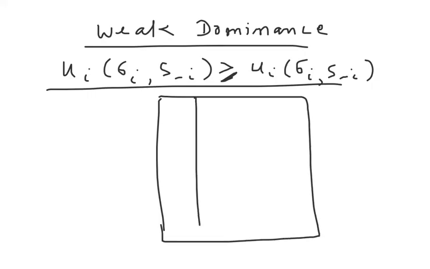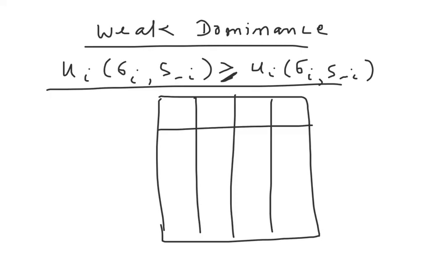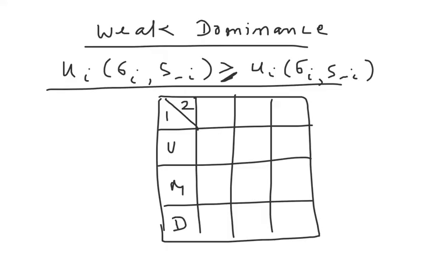So we have two players, 1 and 2, and both of them have 3 strategies. Player 1 can choose to play up, middle, down, and player 2 can choose to play left, center, and right.